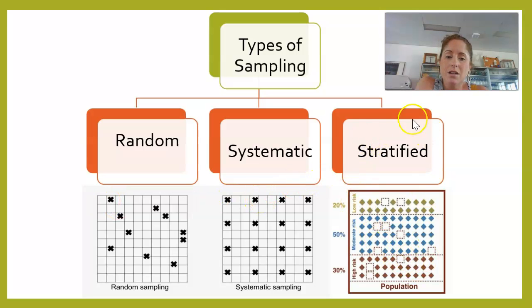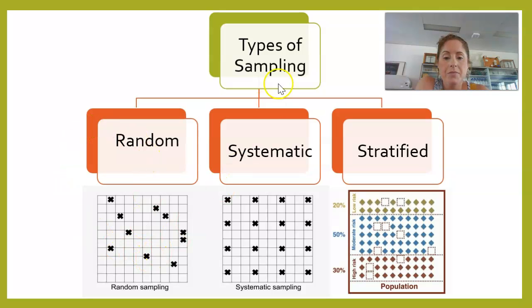We will talk a little bit about stratified, but maybe get into that more later. Random sampling is just like it sounds: you randomly select spots within the area that you're trying to sample from.